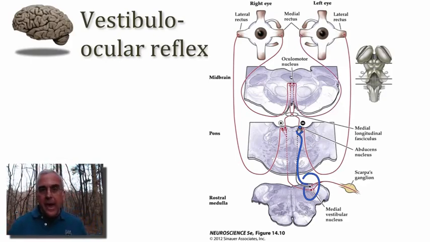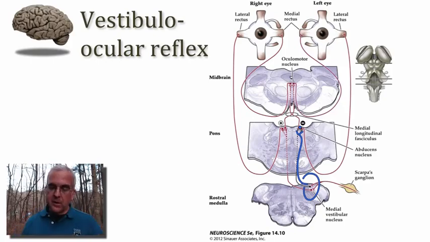So essentially we activate one pair of cells and deactivate the corresponding pair on the other side of the brainstem through synaptic inhibition. And this allows us to achieve the functional goal of turning our eyes directly opposite the rotation of the head.